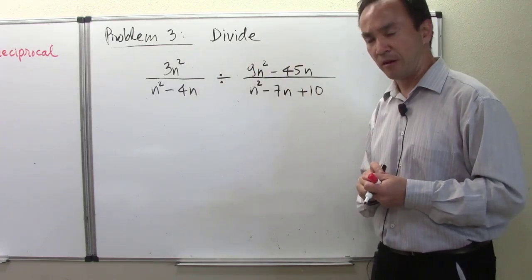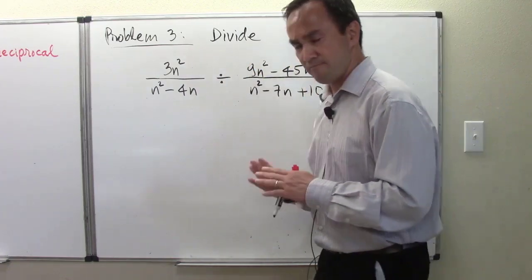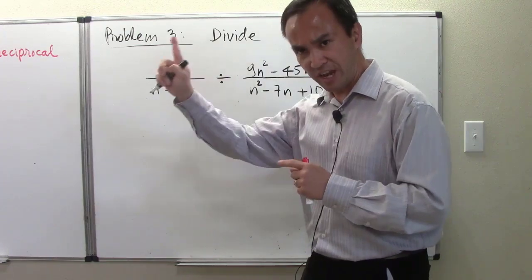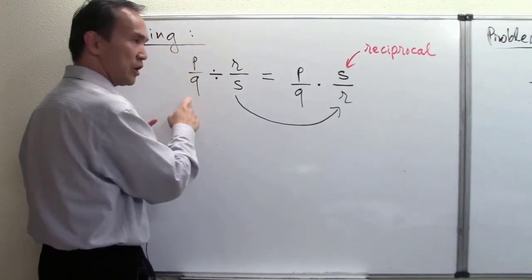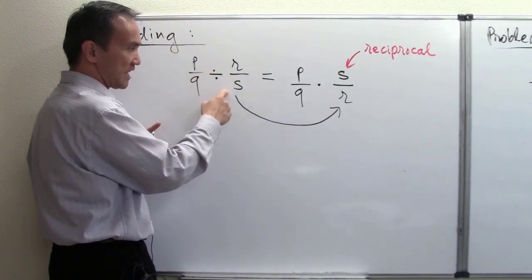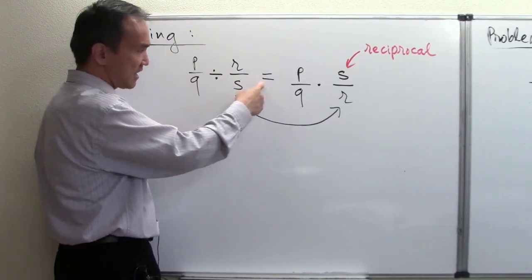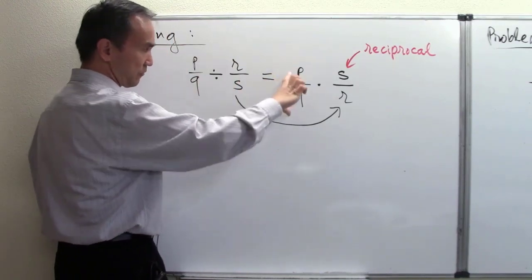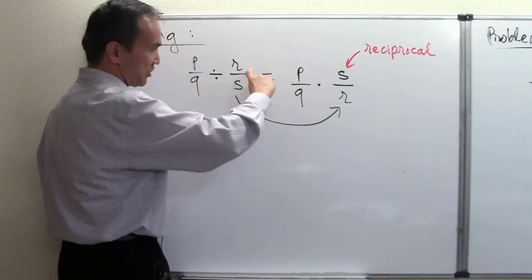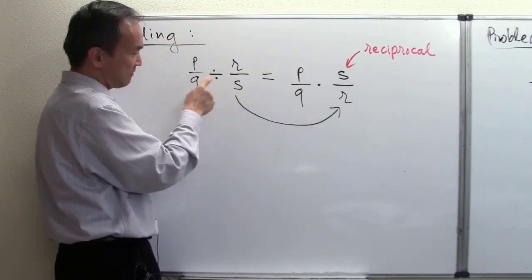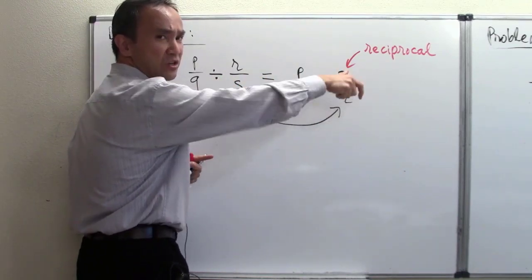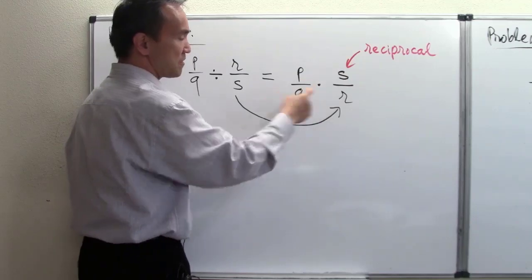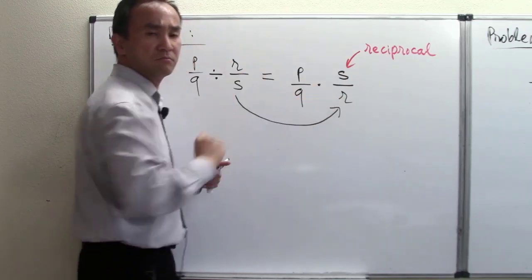As I said earlier, yes, we can carry that same fundamental. P over Q divided by R over S means we can rewrite that as P over Q. We keep that first rational expression the same. We turn the second rational expression, the one after the division sign, into its reciprocal. And then we perform a multiplication problem.